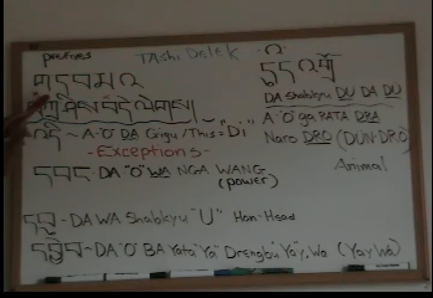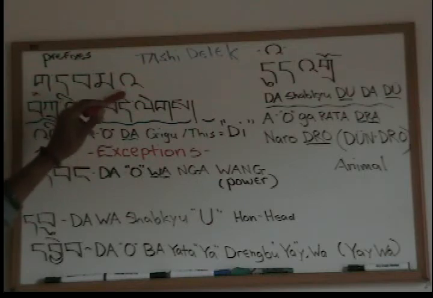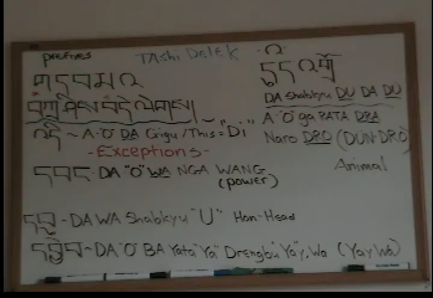The prefix didn't do anything to this letter. The same way here: this is de. If you have your prefix here, it doesn't do anything to this letter. So just remember, the prefixes will not affect the letter they precede.